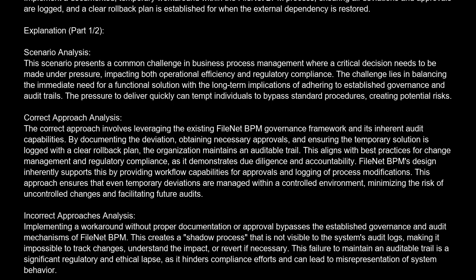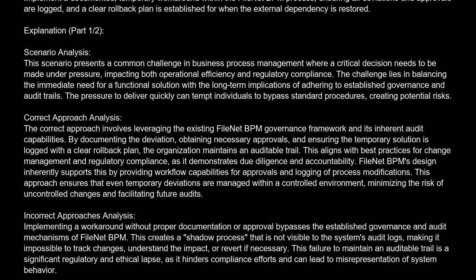FileNet BPM's design inherently supports this by providing workflow capabilities for approvals and logging of process modifications. This approach ensures that even temporary deviations are managed within a controlled environment, minimizing the risk of uncontrolled changes and facilitating future audits.